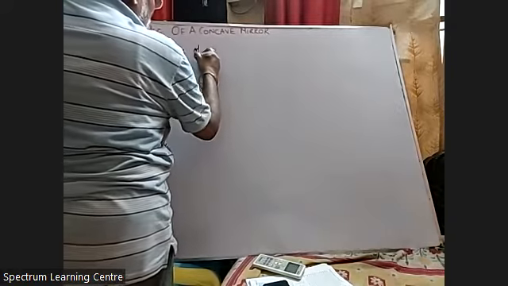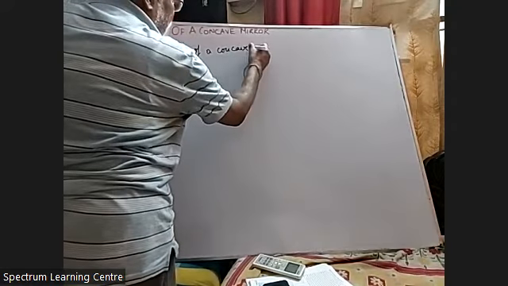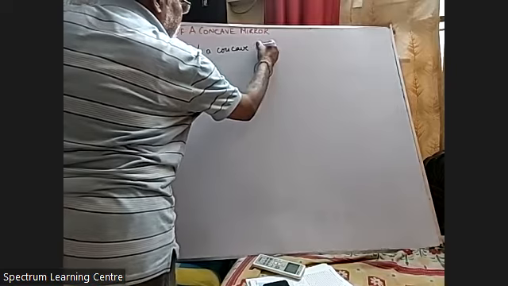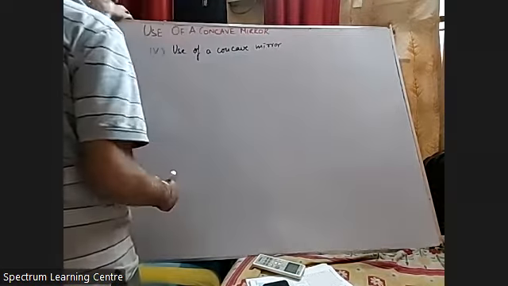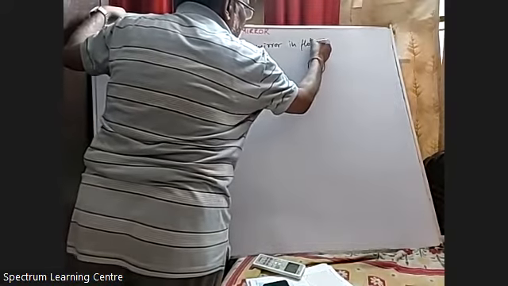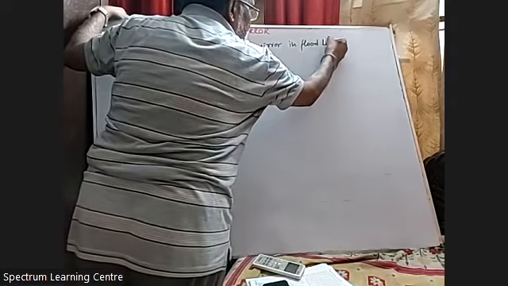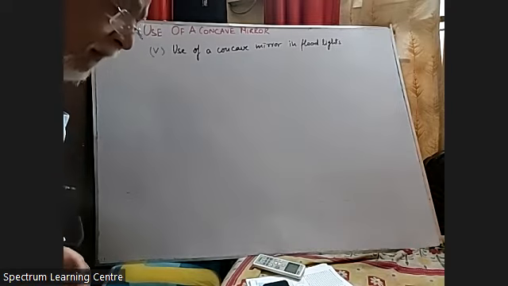Use of a concave mirror in floodlights. Floodlights are basically diverged lights, right?